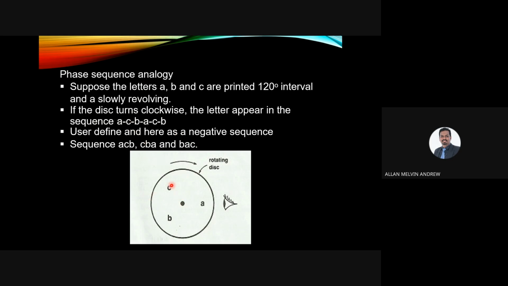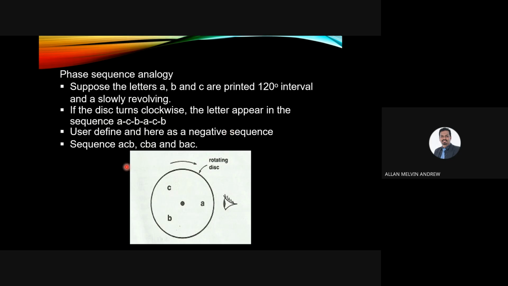So we always define this as a negative sequence, because when you are observing it, the sequence is A C B A C B. So we call it a negative sequence.